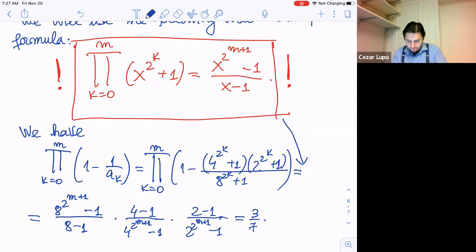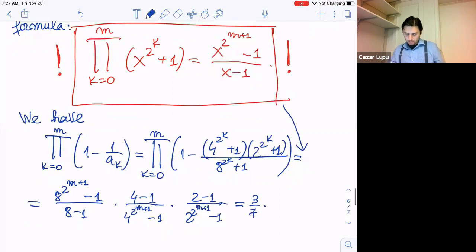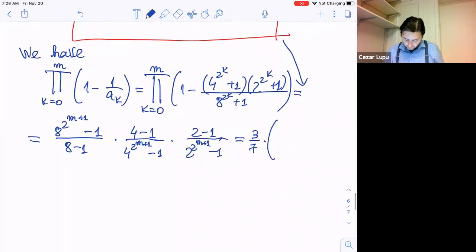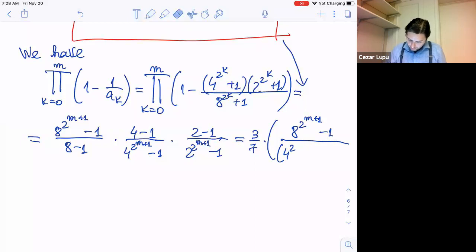this guy, times, let's write this, 8 to the 2 to the m plus 1 minus 1 over 4 to the 2 to the m plus 1 minus 1 times 2 to the 2 to the m plus 1 minus 1.